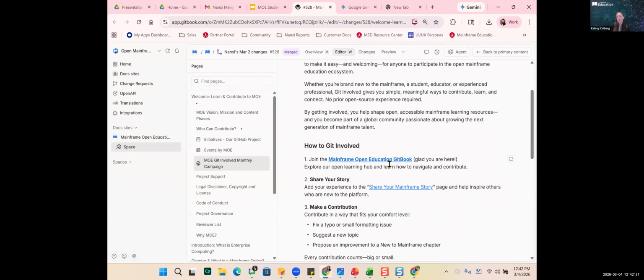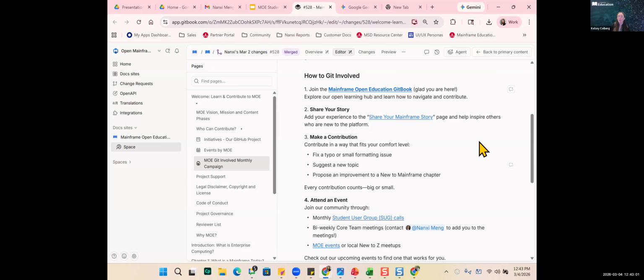What you're going to do is join the Mainframe Open Education GitBook. And that will allow you to have the behind-the-scenes editor access. And there is a page that is currently hidden and only those that are editors can see, where the Mainframe Mentor AI information lives. And that's where you can go ahead and play around and test that out.